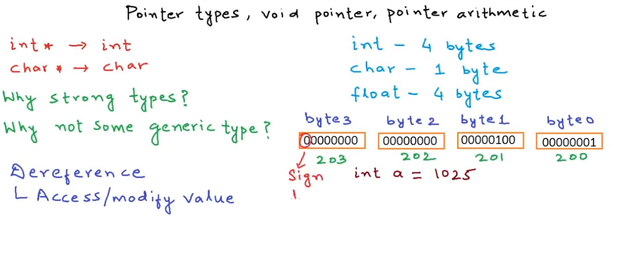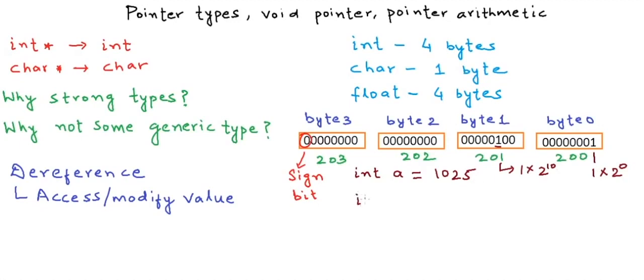So this is also called the sign bit, and the rest 31 bits are used to store the value. So if you see, we have a 1 at the rightmost bit with place value 2 to the power 0, and a 1 at this particular bit with place value 2 to the power 10. So the overall value that we have in binary here is 1025 in decimal.